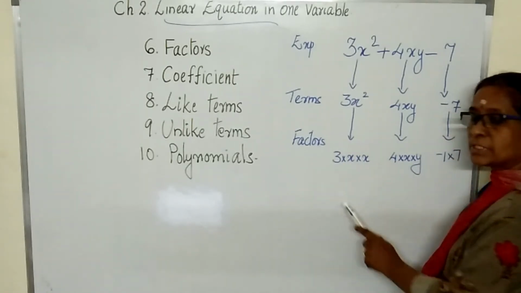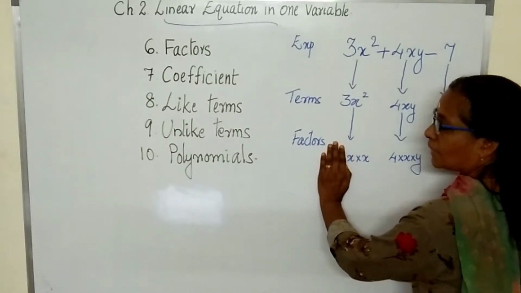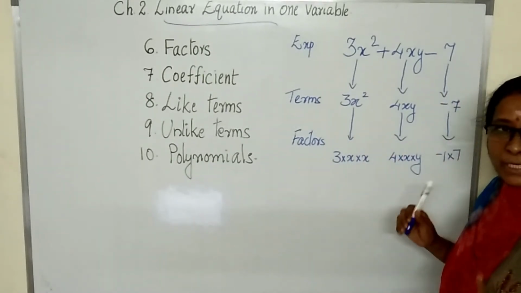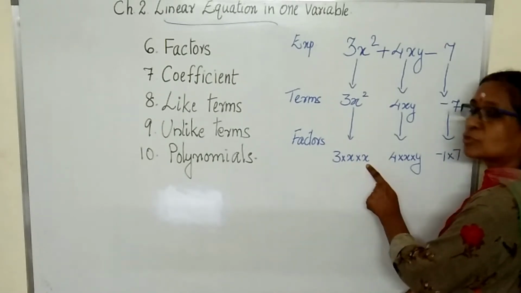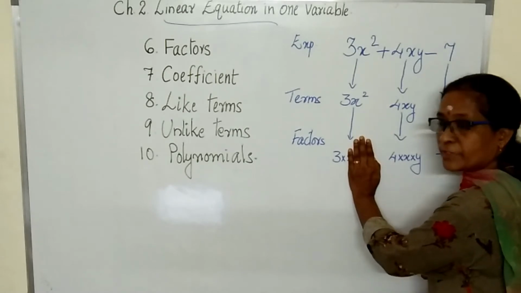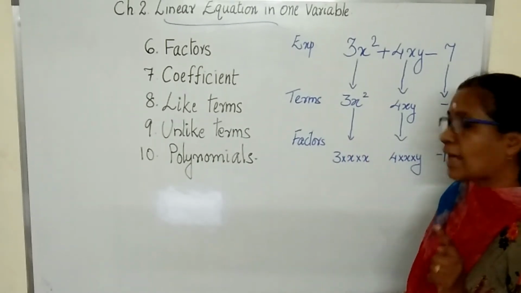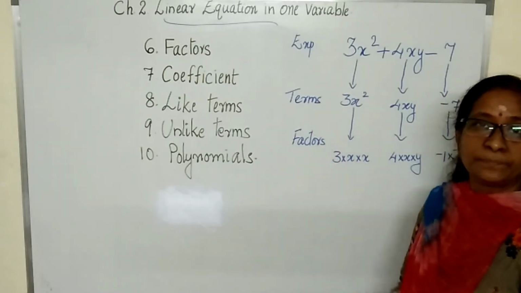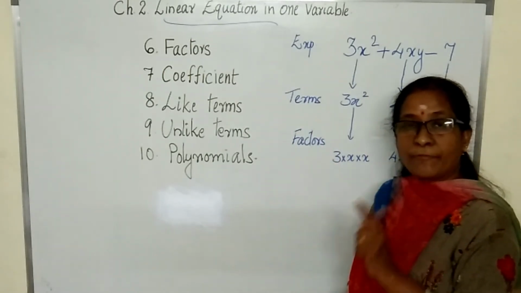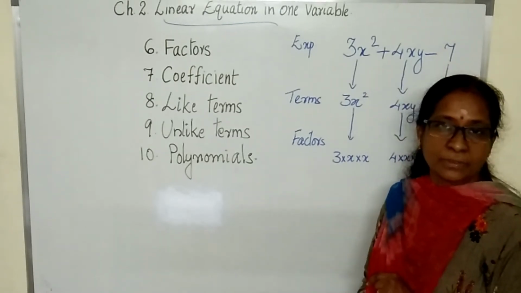From these factors, if you take any factor, for example, if you take 3, the coefficient of 3 is x square. And if you take x square, the coefficient of x square is 3. That means in a term, the coefficient of a particular factor will be the remaining factors.